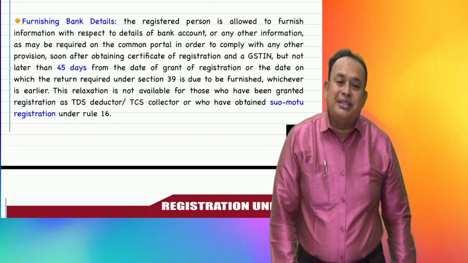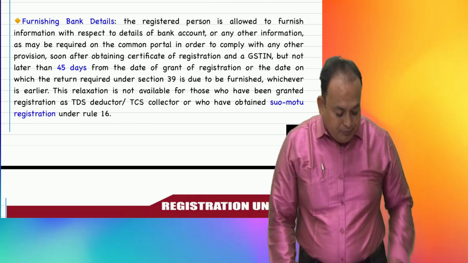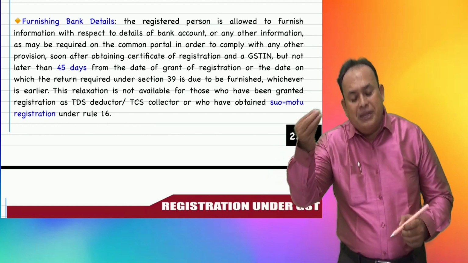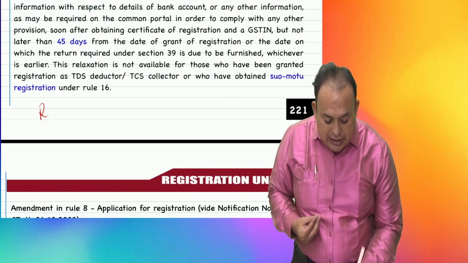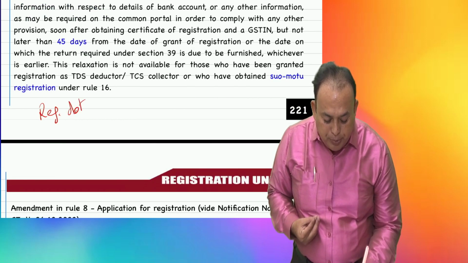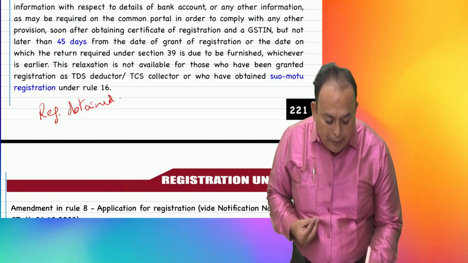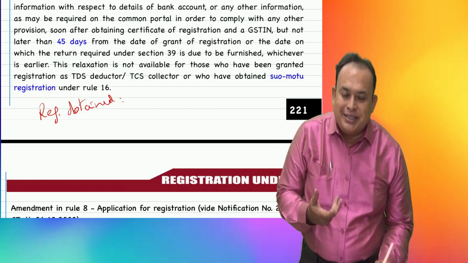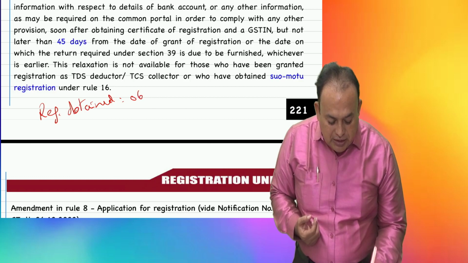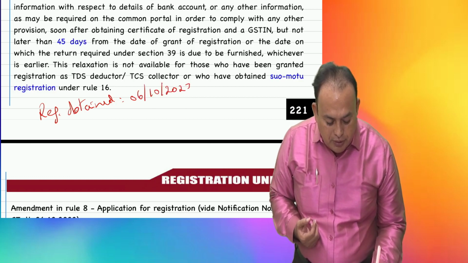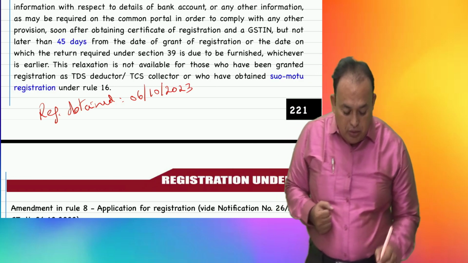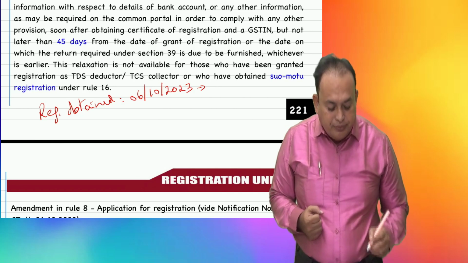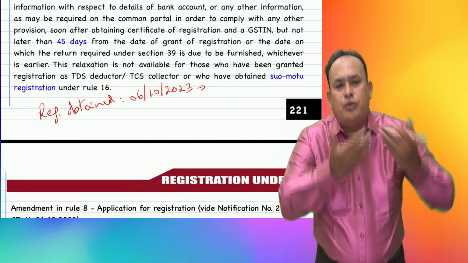What do you mean by this? How to understand this? I obtained the certificate of registration. When obtained? Let us say today, 6th October 2023. Is that clear? From that date, 45 days, counted from the next day onwards.